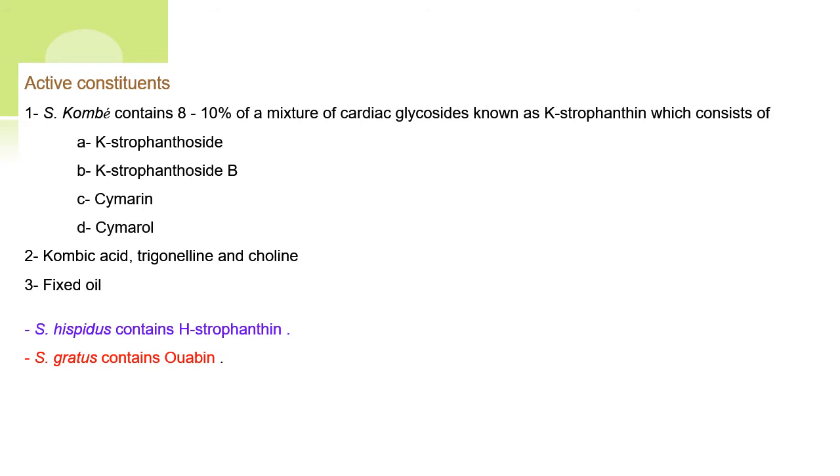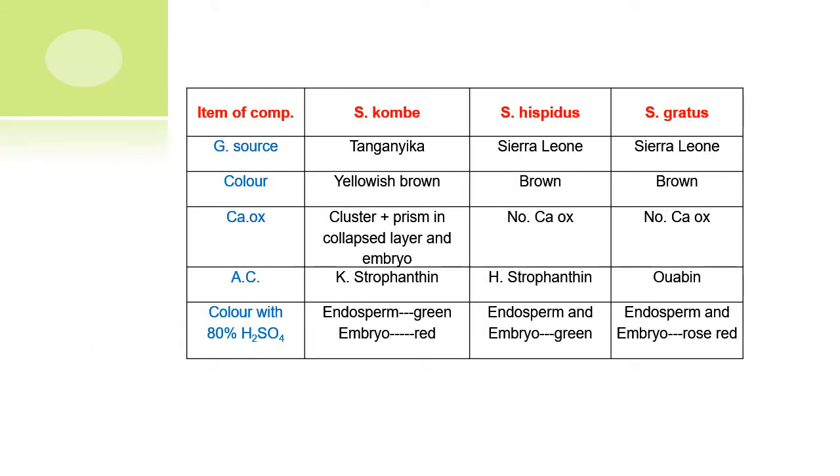As for Strophanthus hispidus, it also contains a mixture of cardiac glycosides known as H-strophanthin, while Strophanthus gratus contains ouabain cardiac glycosides. Comparison between the different species of Strophanthus: Strophanthus kombe, Strophanthus hispidus, and Strophanthus gratus.